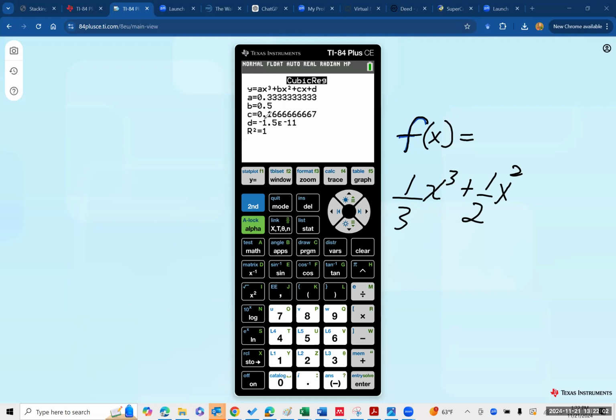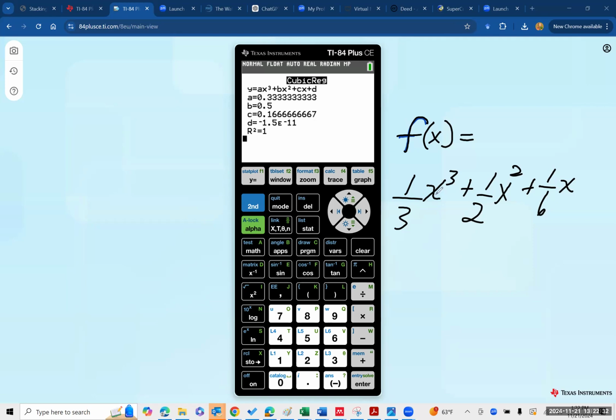And then the c is 0.166 repeating, so that's 1/6 x, and then it gives you this value for d. It's 1.5, but it's preceded by 11 zeros. Basically, they're telling you that's a zero. So we're not going to use anything for d.